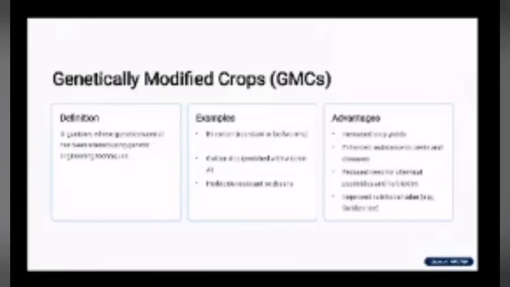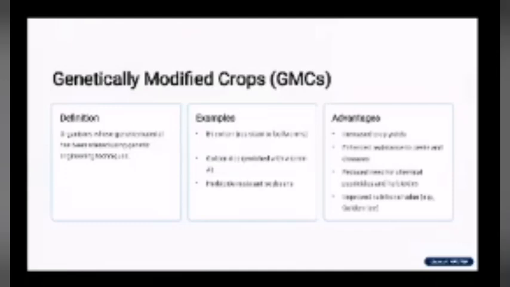It is using the knowledge of biotechnology and biology to modify some genetic content of plants. The sole aim is to produce the desirable qualities that you are looking for.